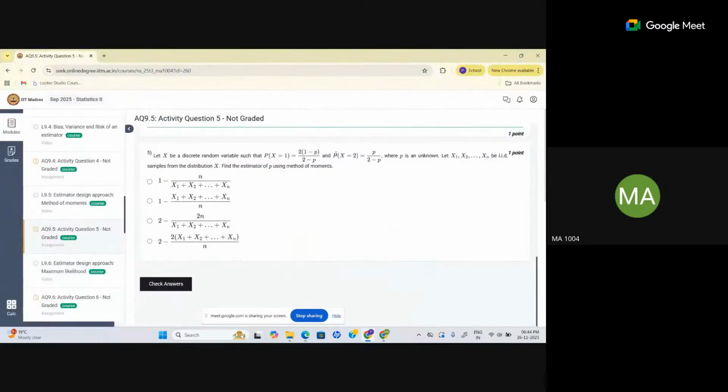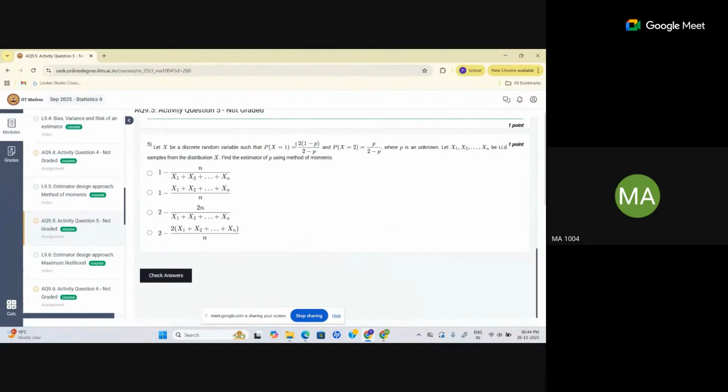Here you can see that the distribution is given. X is a discrete random variable taking two values, 1 and 2, and the probabilities are given. We can multiply them, right, ma'am? For expectation, yes: 1 into this and 2 into this, p upon 2 minus p. So just solve it and tell me what the expected value of x is.